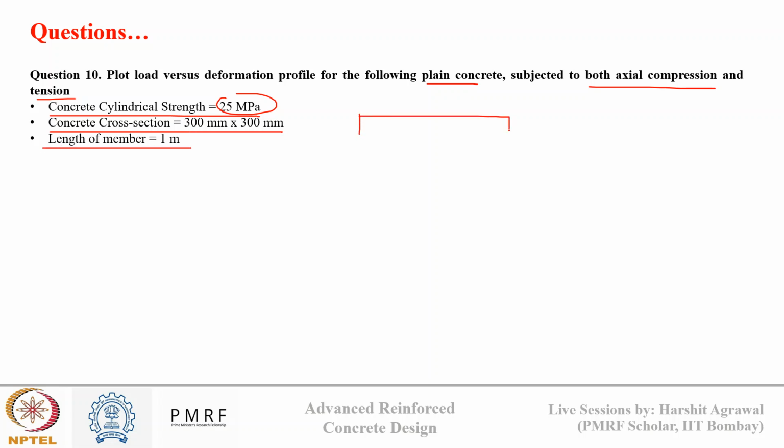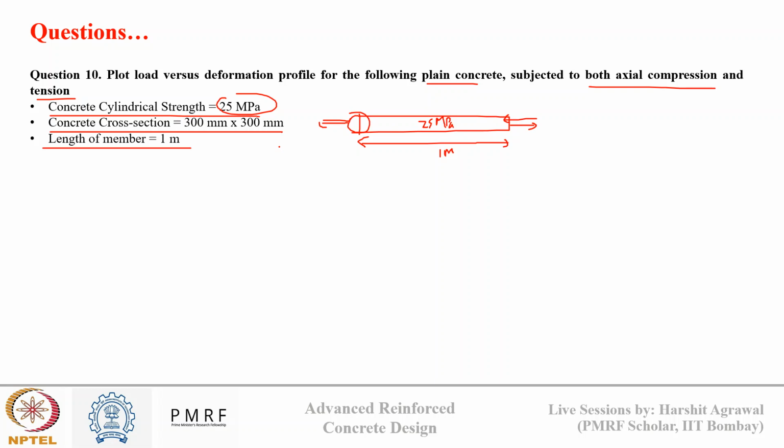So this is like a beam, 300 by 300 cross section, 1 meter long, with concrete grade 25 MPa, subjected to both axial compression and tension.